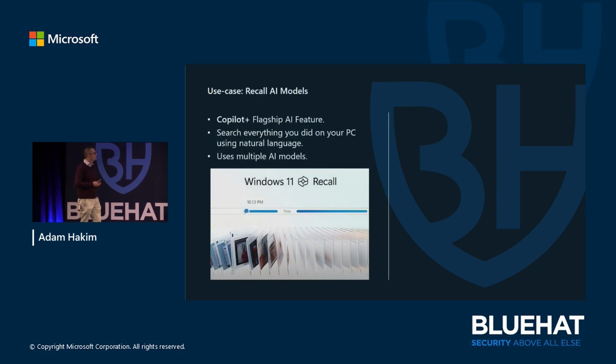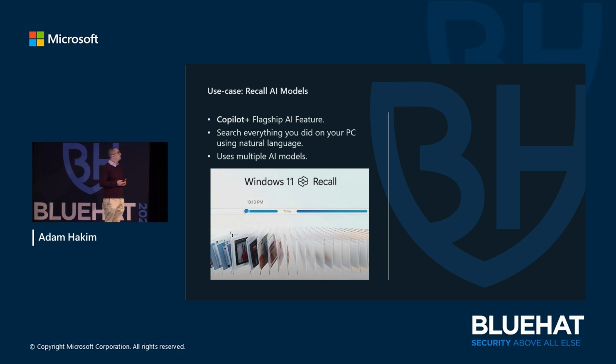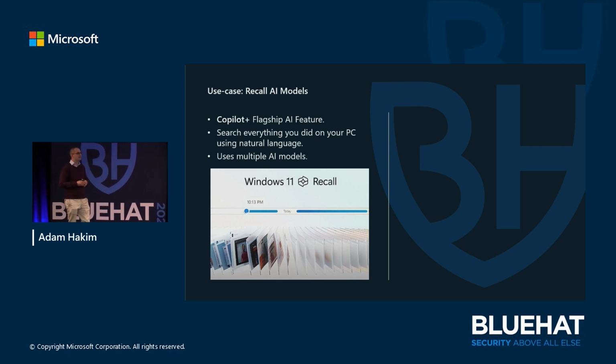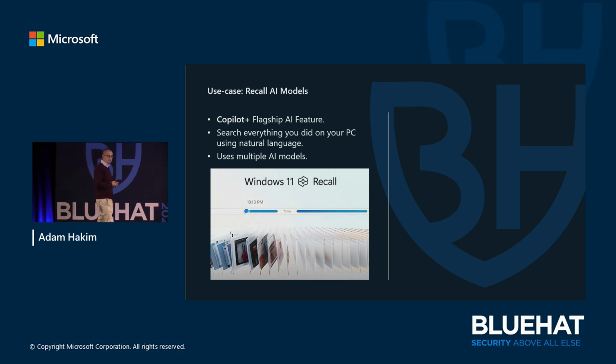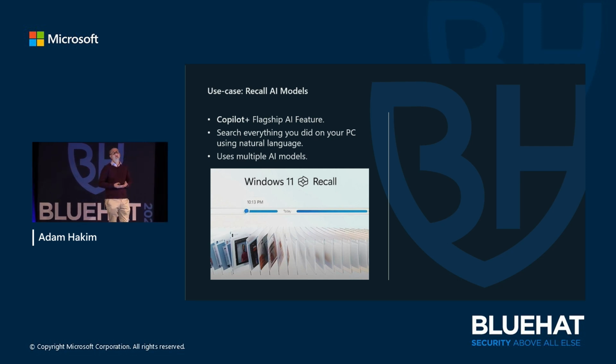For example, Microsoft developed a flagship AI feature called Recall, which you might have heard of, which enables you to search everything you did on your PC using natural language. It has multiple AI models in it, and it deployed this feature and all the AI models on a series of PCs called Copilot Plus PCs.